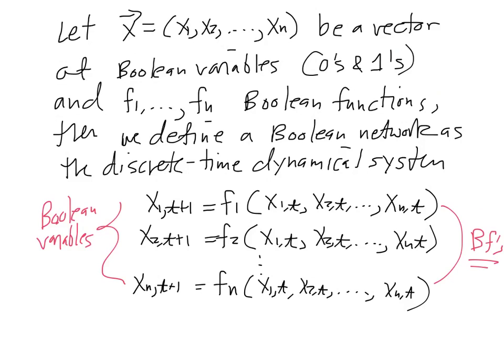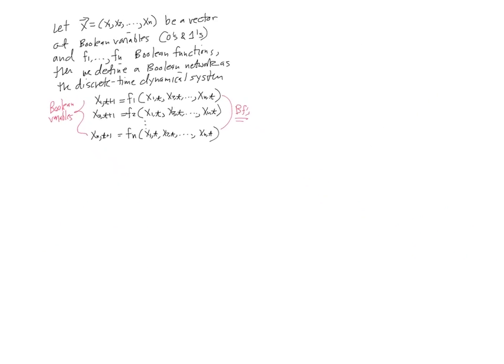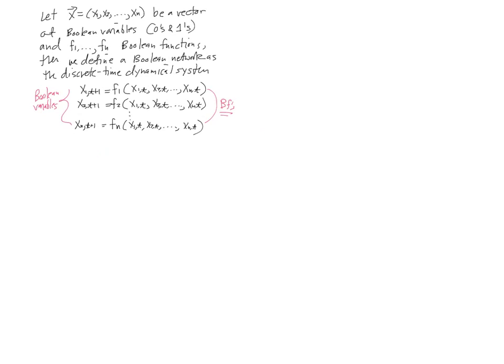And so how are these used? Well, let's do one last example of a gene regulatory network that we would put into a Boolean network, a Boolean dynamical system.